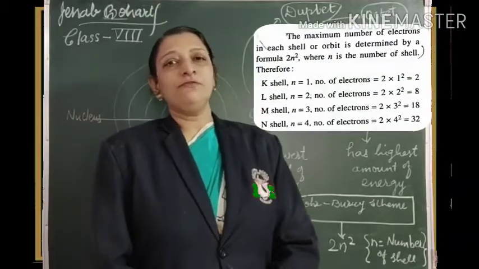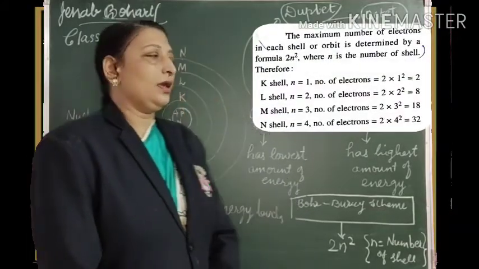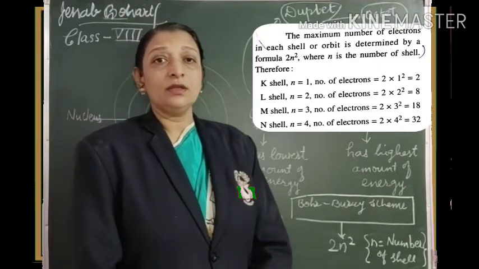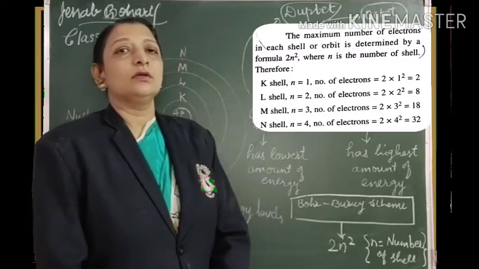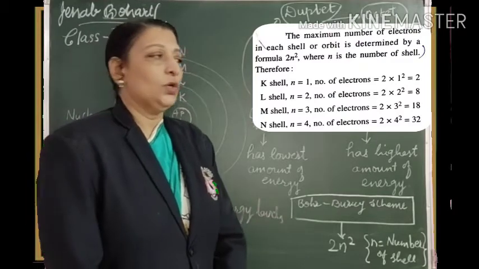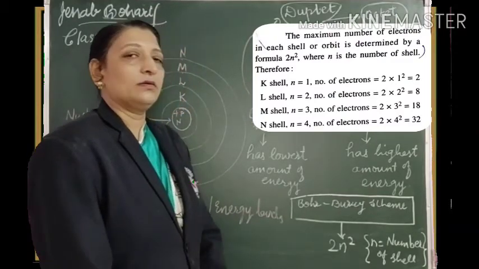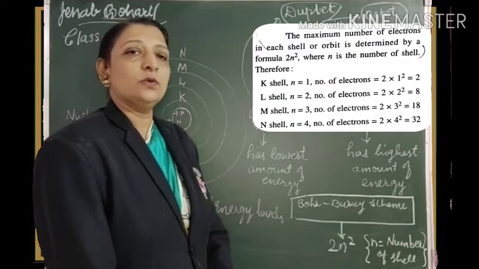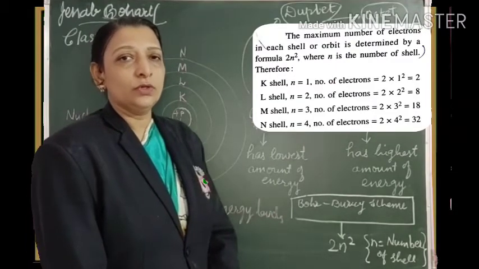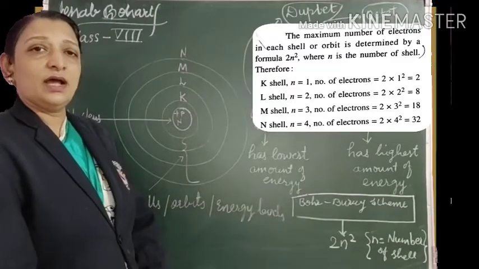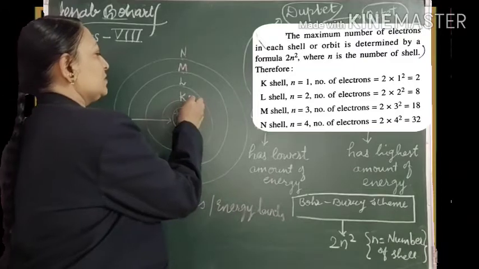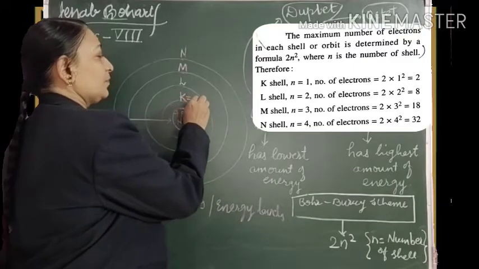Let us consider the first shell, the K shell. As the value of n is 1, we can substitute the value in the formula. So 2n square means 2 into 1 square, that is 2 into 1 equal to 2. Hence we say that the capacity of the K shell to accommodate electrons is 2.